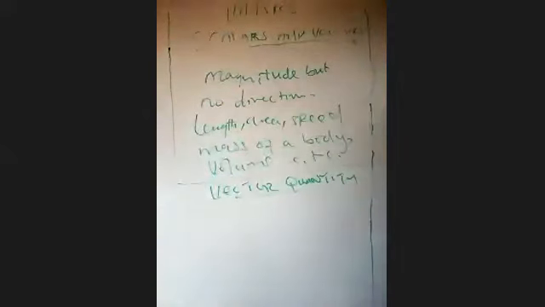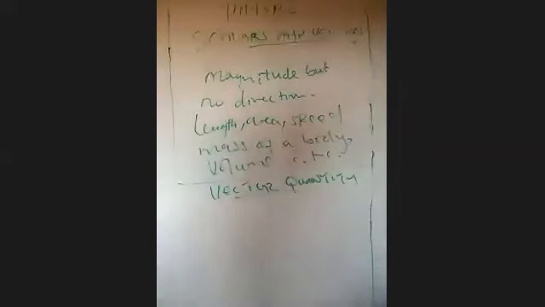So that is vector. What are examples of quantities that have both magnitude and direction?